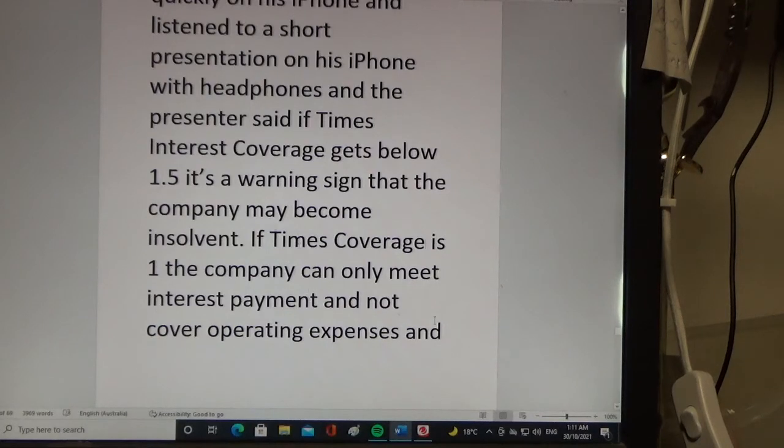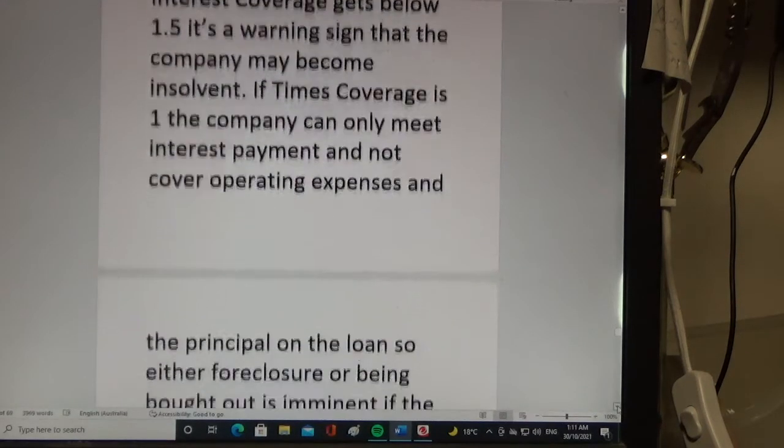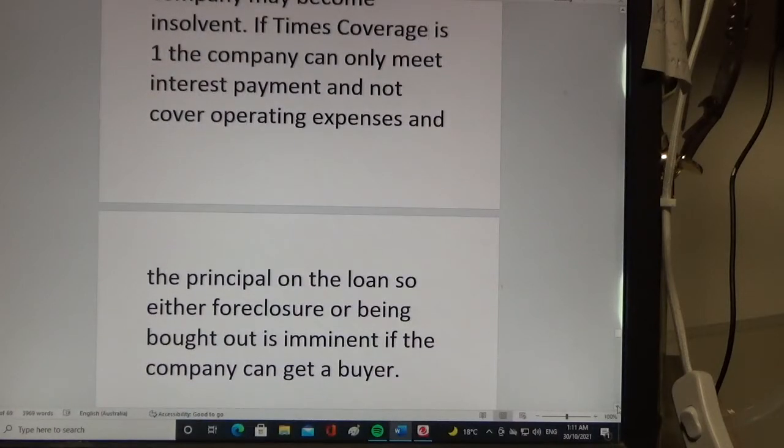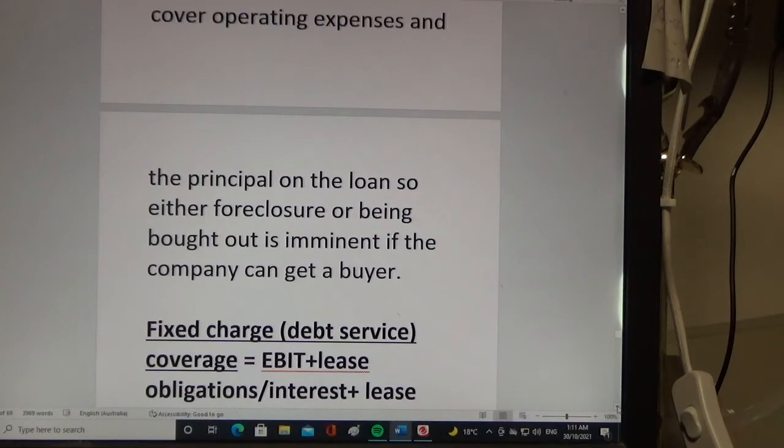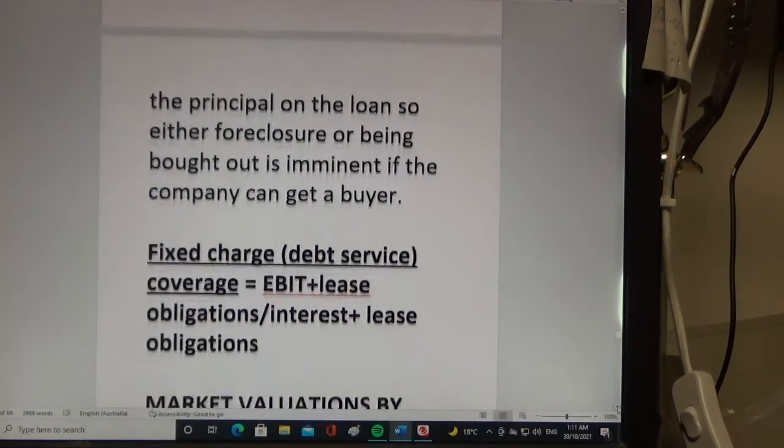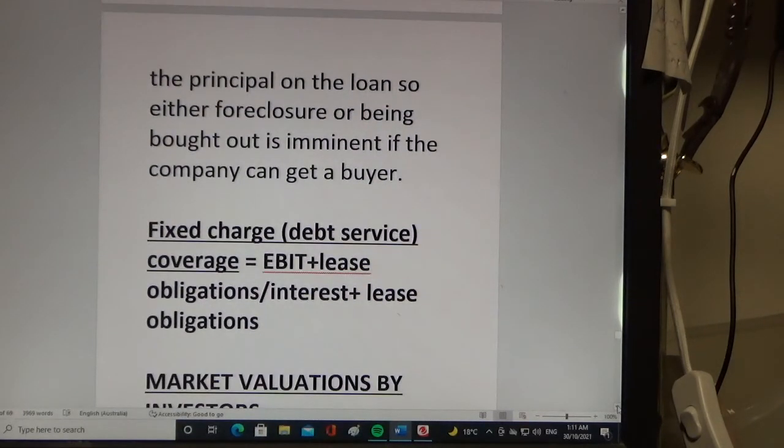Obviously, that's unsustainable for the long term, and they'll probably fold, you'd think. And they haven't got enough money for operating expenses, okay? So which bank, financial institution, is going to give them a loan? They'll either foreclose, or if they're lucky, they'll get a buyer and consolidate their books, consolidated financial statements.